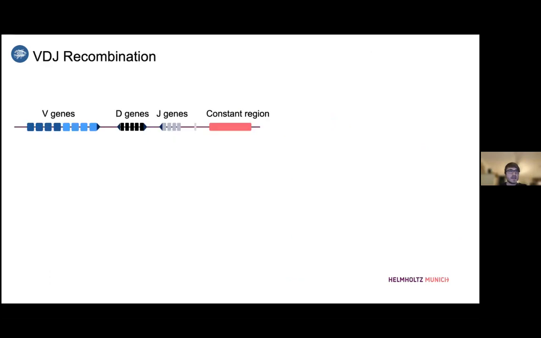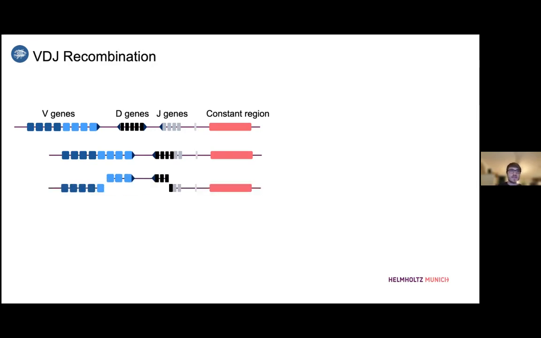And the way our immune system does this is through genetic recombination, so-called VDJ recombination, where the T-cell receptor is encoded by multiple different gene segments, the VDJ genes, that are then recombined during maturation. For example, the beta chain consists of V, D, and J segments, and usually first the D and J elements recombine, and then the V element recombines, and together they join to a beta chain.